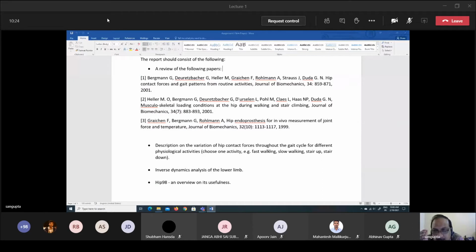Going through HIP98, you have to first understand the whole process, and then narrate your understanding in the project report. That has to be very systematic. So you can see the inverse dynamic analysis of the lower limb.